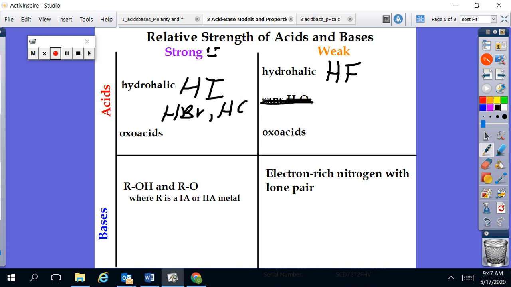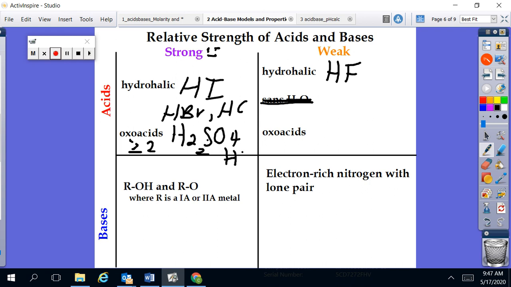Okay, so if I gave you H2SO4, if you took the difference between oxygen and hydrogen, it would be a difference of 2. If it is greater than or equal to 2, that's considered a strong acid. So there are 4 oxygens minus 2 hydrogens. That's a difference of 2. That makes it a strong acid.